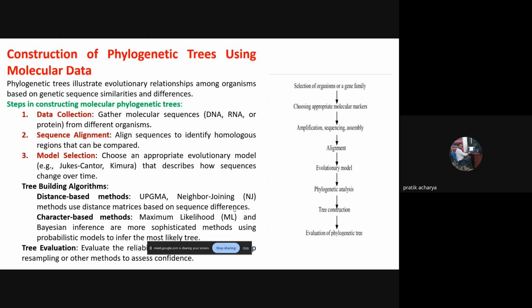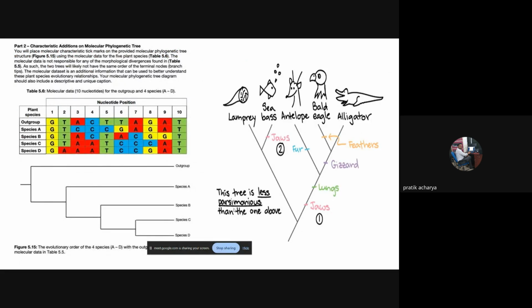Character-based methods, maximum likelihood, and Bayesian inference are more sophisticated methods. That means we have to compare those organisms and codes that have similarities, or at which point they differ. That is very important. This is the picture of the data.